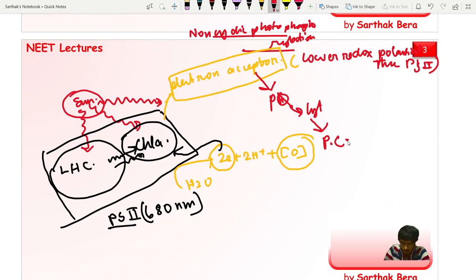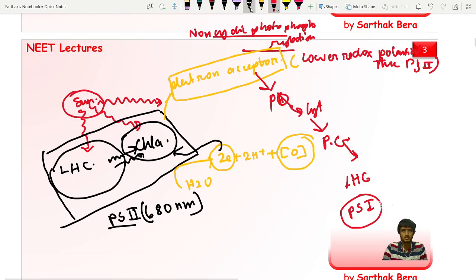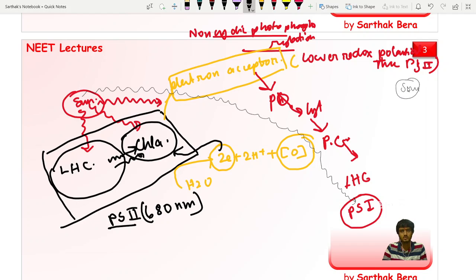Then this plastocyanin transfers its electron to the light harvesting complex of photosystem 1. And you have to remember a special thing, that the sun is also radiating its wavelength to photosystem 1 also, so the sun is also functioning in photosystem 1.